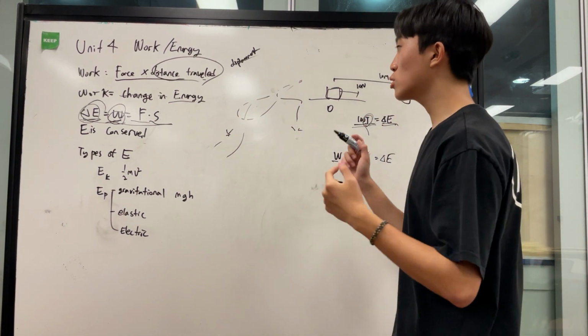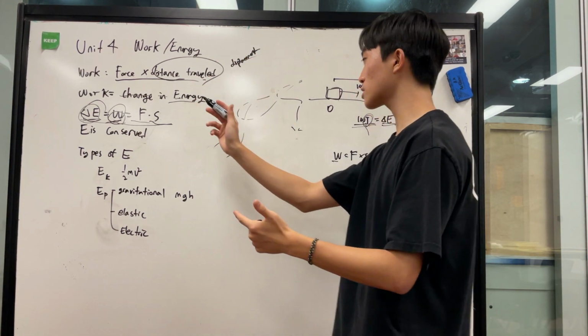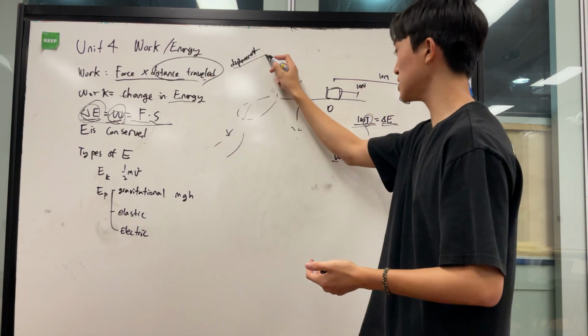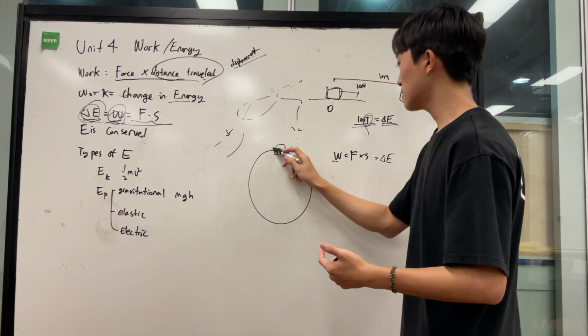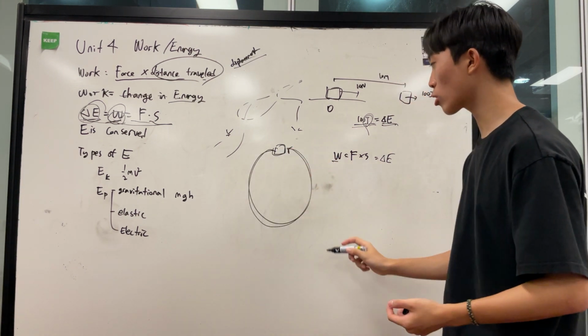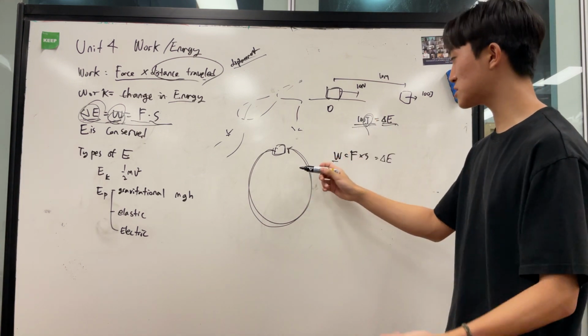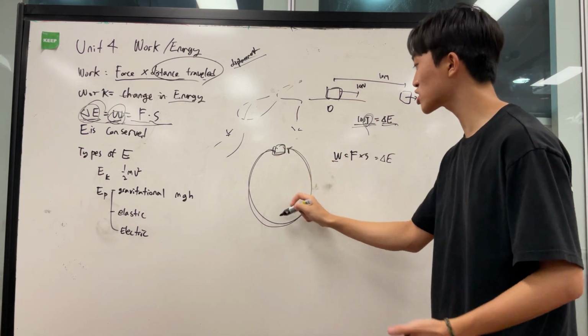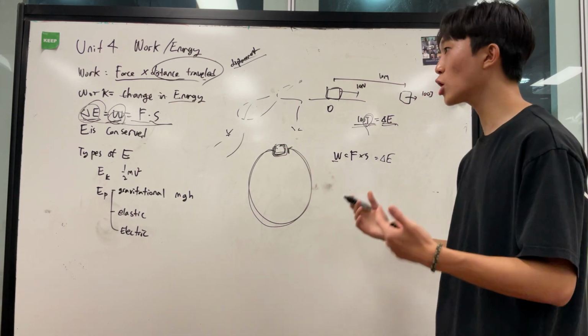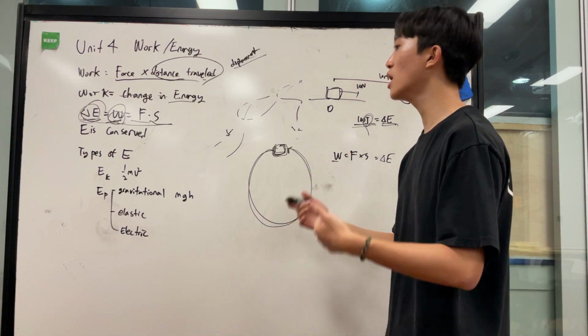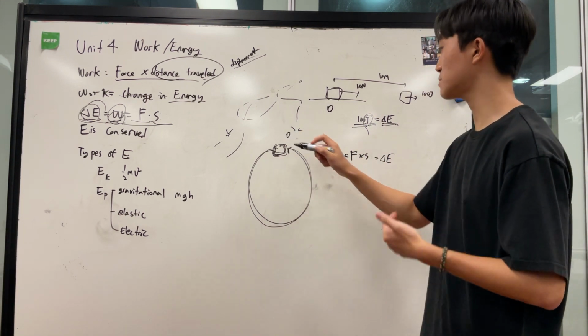And of course, you would have to use distance traveled for work because, for example, if you use displacement, then let's say you rotate this box on a circular orbit once. Well, displacement of this action would be 0 because you start at this point and end at this point. You don't have a change in your location, thus no displacement. Displacement is 0.